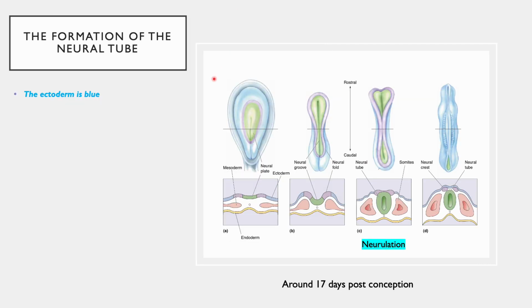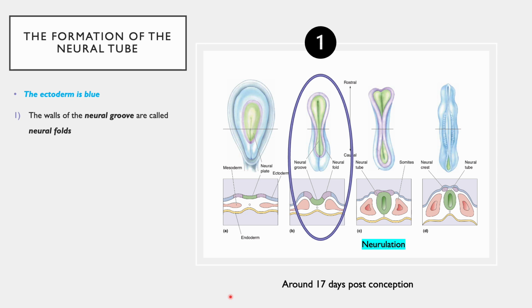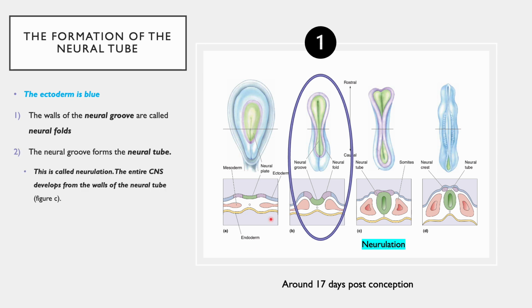So I want to note that in these images, the ectoderm is blue, and this is occurring around 17 days post-conception. So the walls of this neural groove right here are called neural folds. And the neural groove then forms into something called the neural tube.